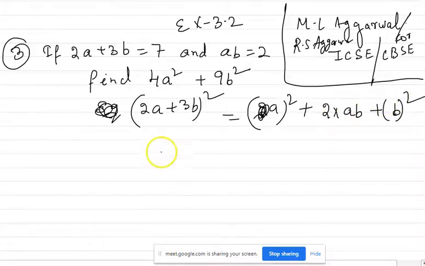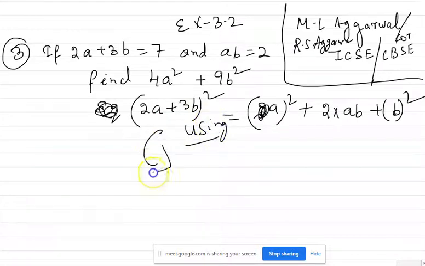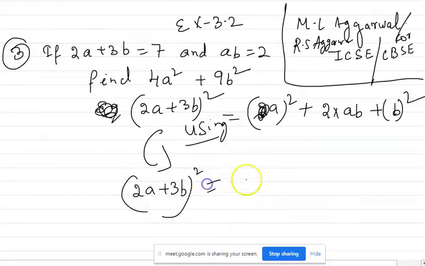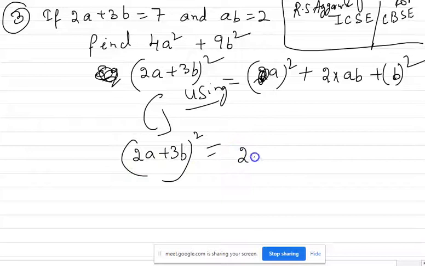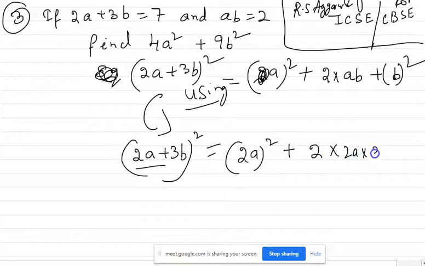Okay, do one thing, using this one, take here 2a plus 3b whole square. It gives, tell me: a plus b whole square means a square plus 2ab plus b square. What is a here? 2a. What is b here? 3b. So 3b whole square.